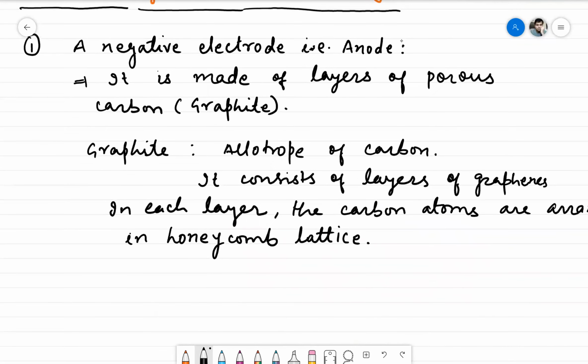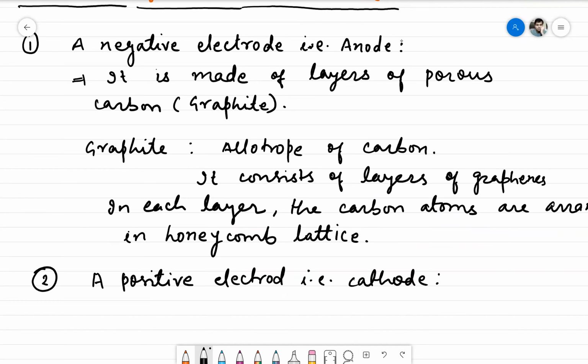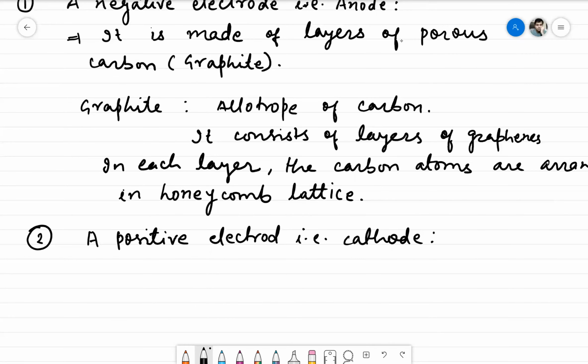So the second component is the positive electrode, and that acts as the cathode. In this case the positive electrode or cathode is made of lithium cobalt oxide.